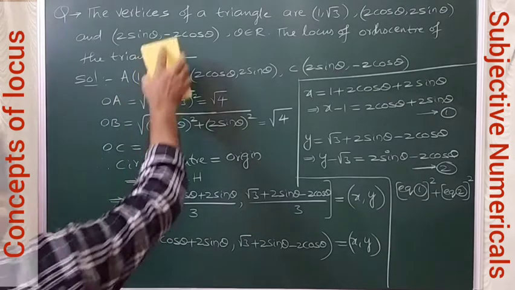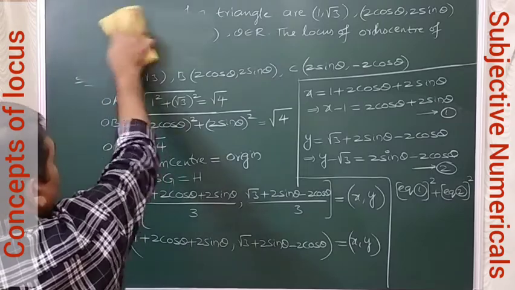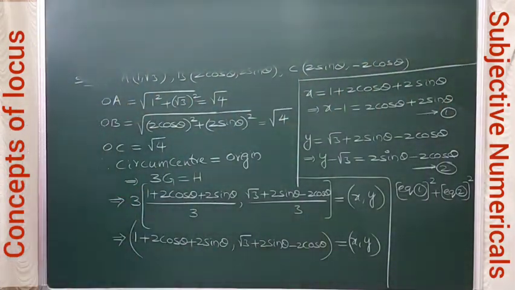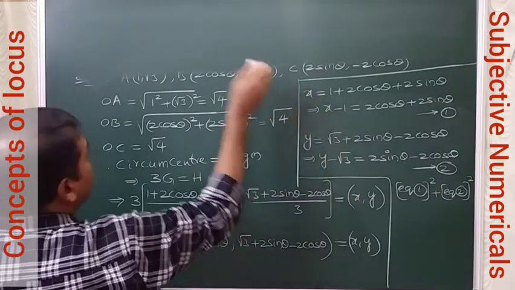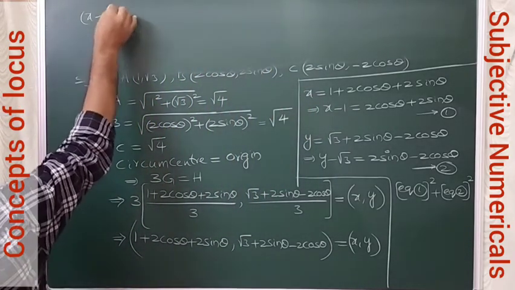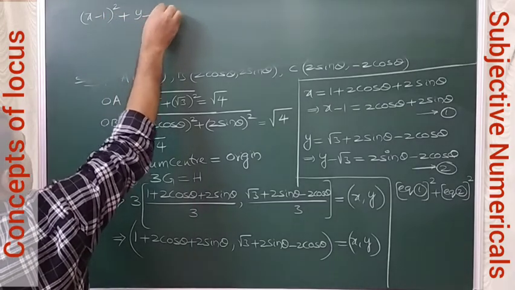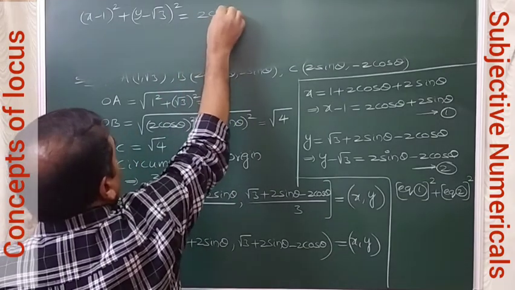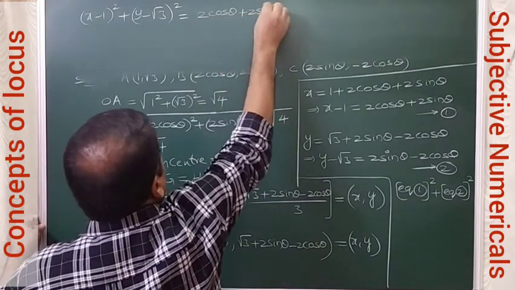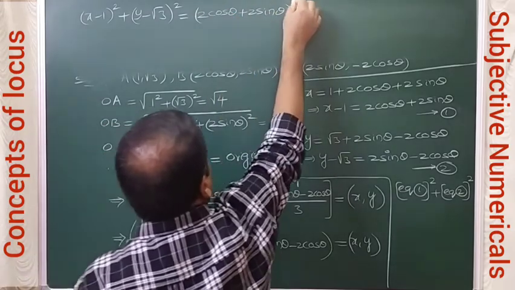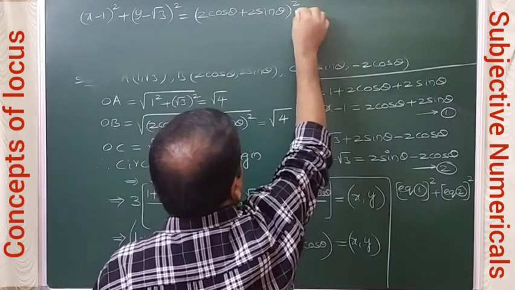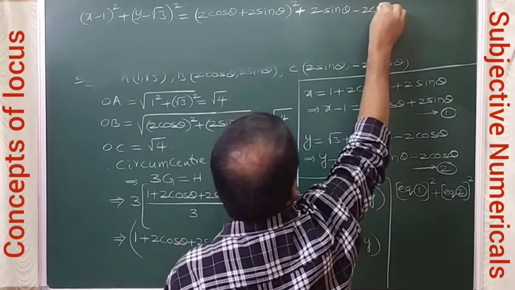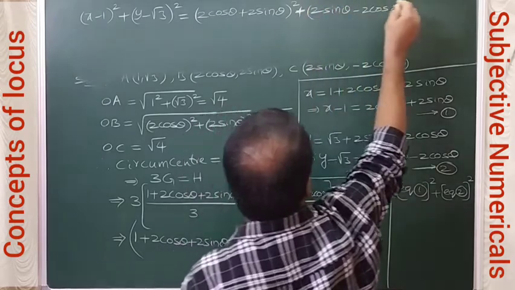I'll try to write at the top now. Squaring and adding, (x minus 1) whole square plus (y minus root 3) whole square is equal to (2 cos theta plus 2 sin theta) whole square plus (2 sin theta minus 2 cos theta) whole square.